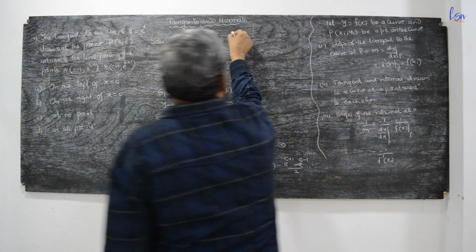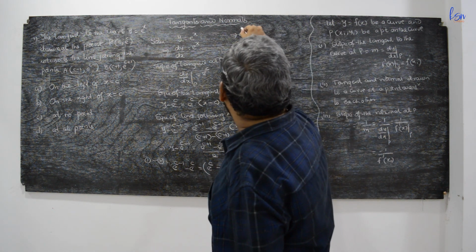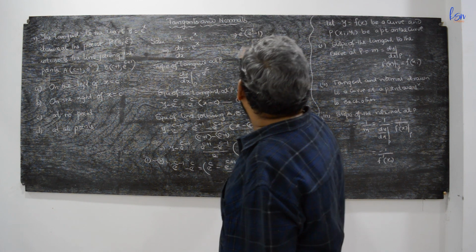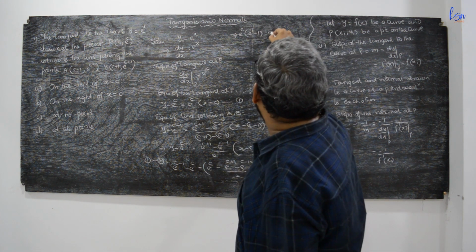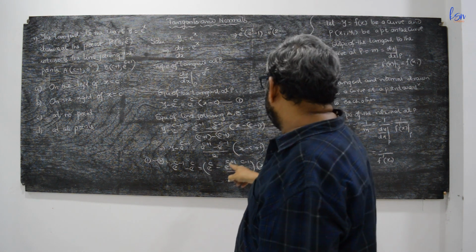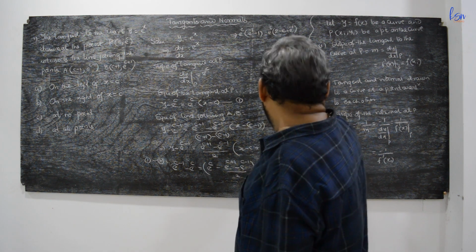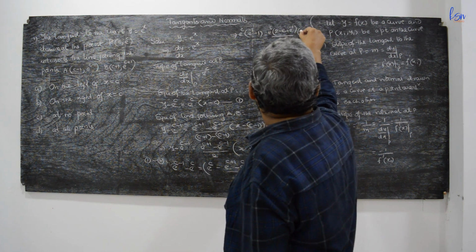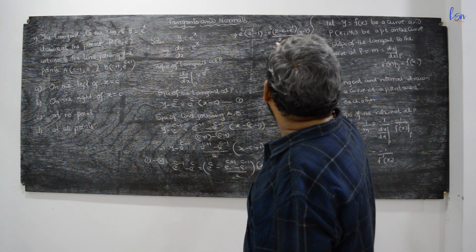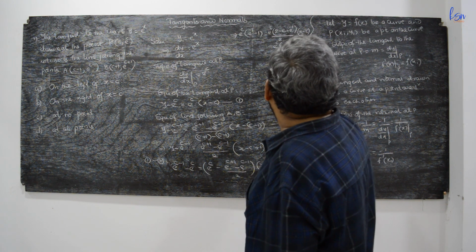Now here you can take e power c common everywhere: e power c into (e power minus 1 minus 1) is equal to e power c into (2 minus (e plus e power minus 1) by 2) into (x minus c), and this is minus e power c into (e minus e power minus 1) by 2.